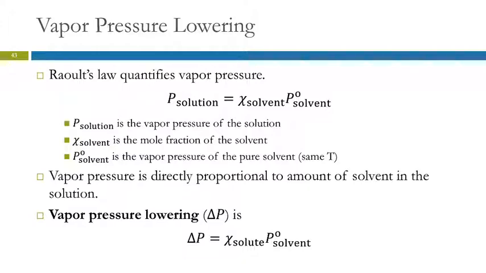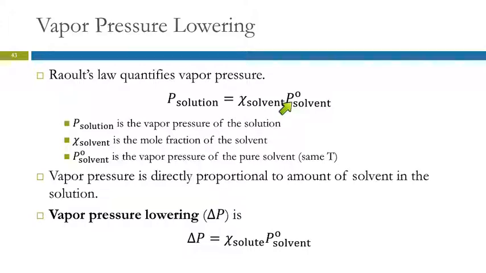When you talk about a mole fraction, you can talk about the solute or the solvent, right? Here we're talking about the solvent. The solvent is the one that's vaporizing, not the solute. So we're going to use the mole fraction of solvent, times the vapor pressure of the pure solvent. If this is pure solvent, then the mole fraction would be 1, right?